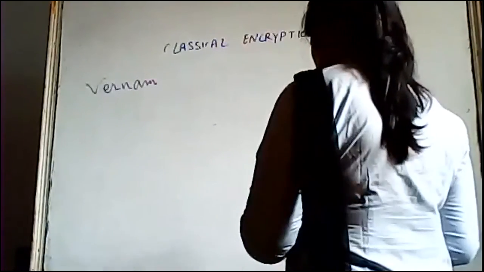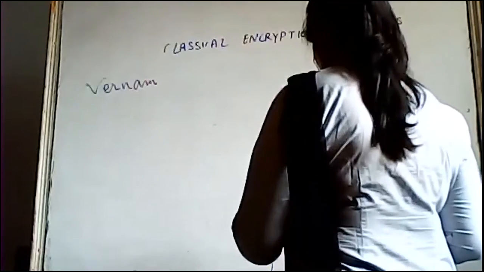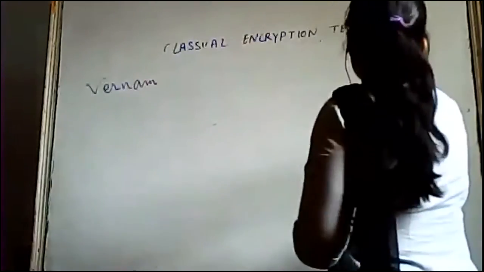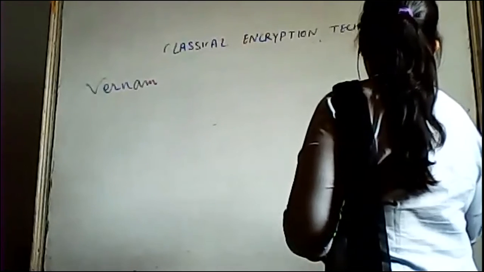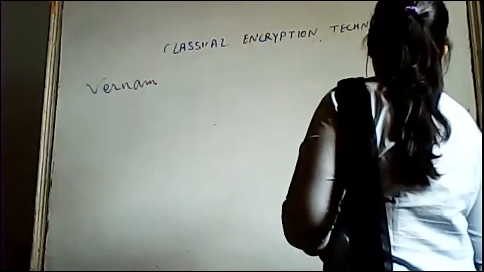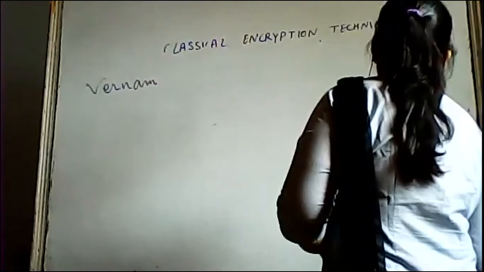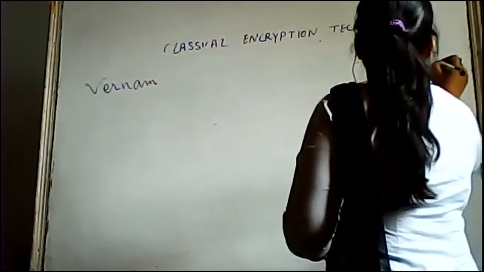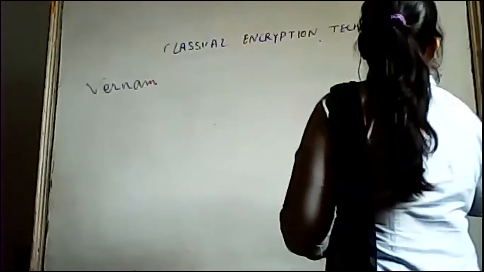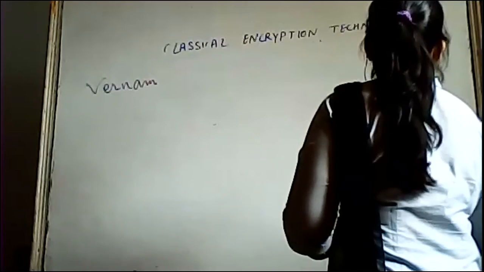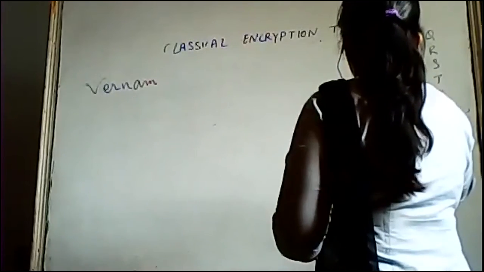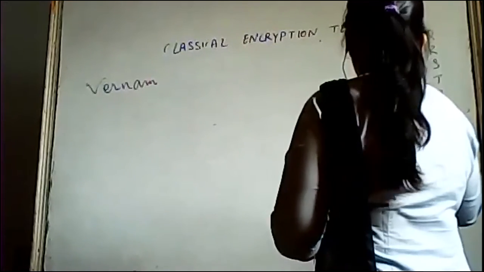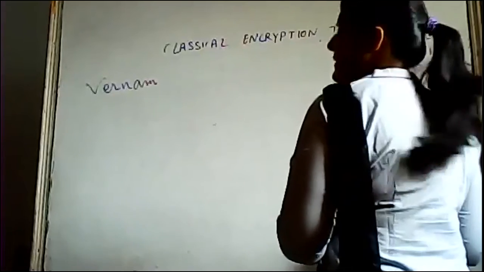So what Vernam says is how we can represent all those. Let's suppose we have all those alphabets like A, B, C, D. We can represent all those alphabets with some particular number over here. Okay. So we are starting with zero. In total we have 26 characters.